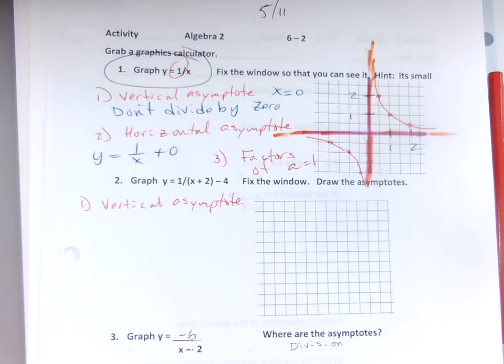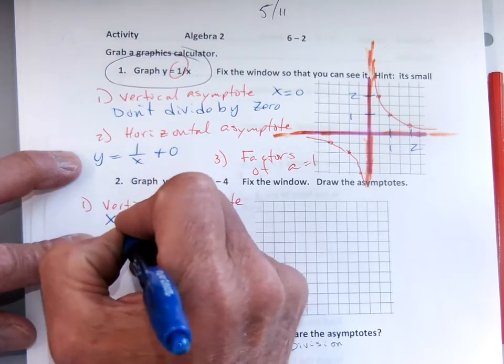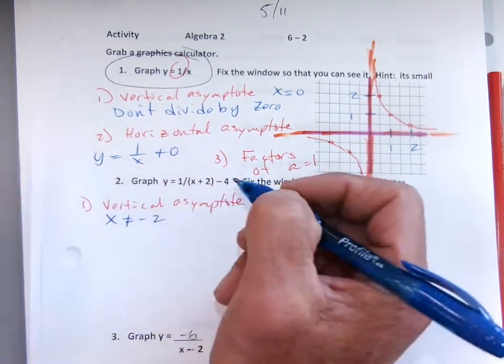What number right here is going to make this 0? And it's the opposite. Does that make sense? Opposite makes sense, because the opposite would make it 0, right? So everybody see negative 2? So it can't be negative 2, so that's where it's going to be. So I'm going to write x cannot equal negative 2, okay?